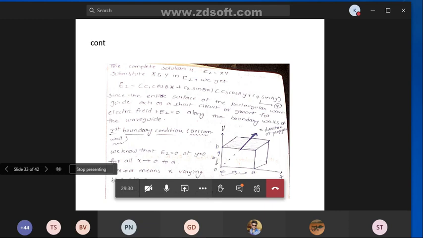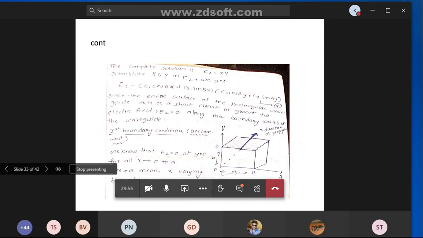See here, we are having 4 boundary conditions. The first boundary condition is the bottom wall. It is the bottom wall, it is the top wall, and these two are the left and right side walls.